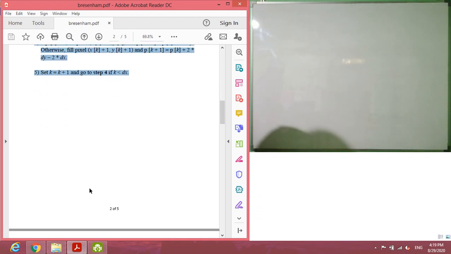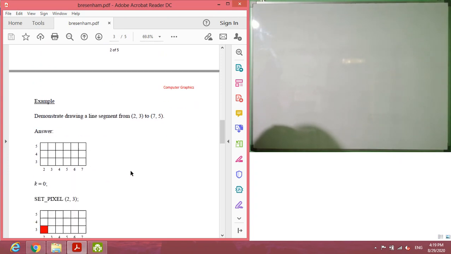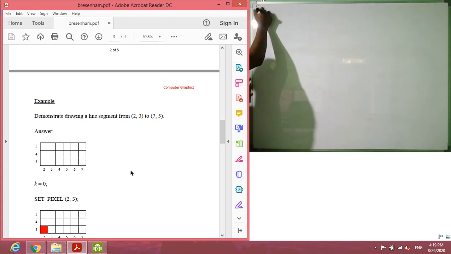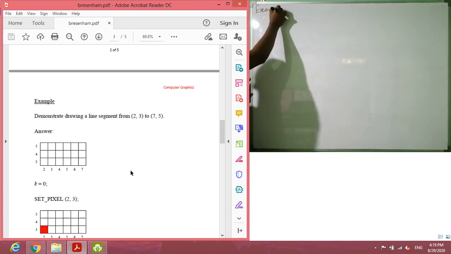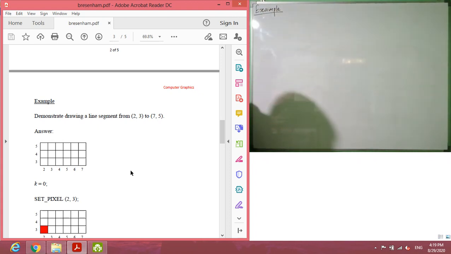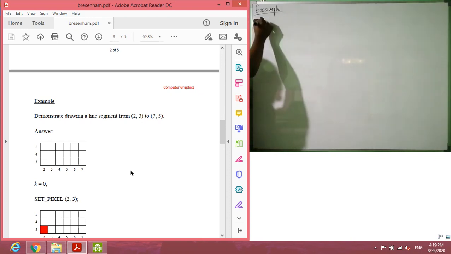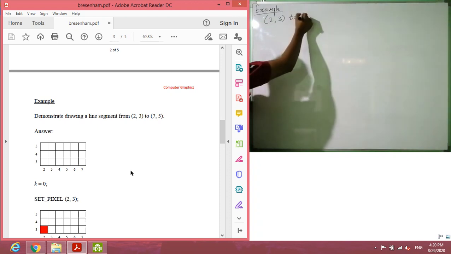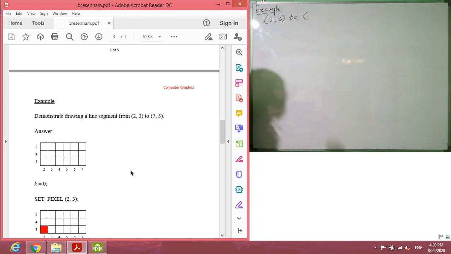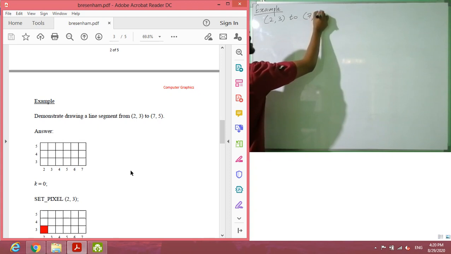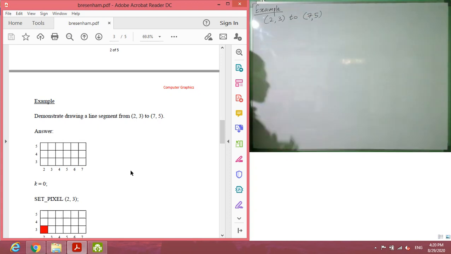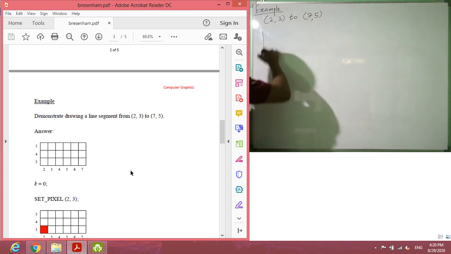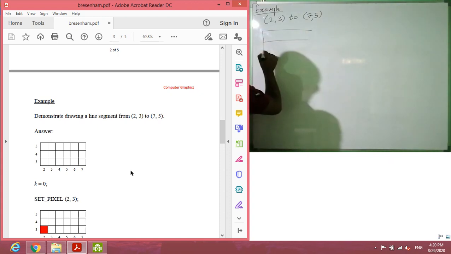Then let's move to this example. Now we have to demonstrate how to draw a line segment from this to this. This is the input to our algorithm, and let's draw only part of our screen.